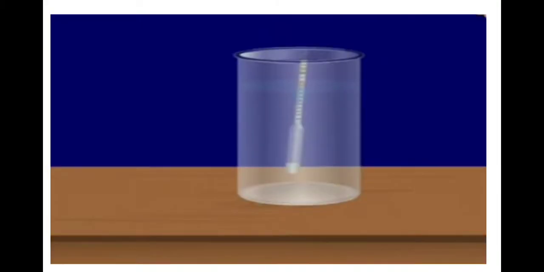The hydrometer is placed in the liquid whose relative density is to be determined. As the denser liquid gives higher upthrust, the hydrometer sinks less. Similarly, the less dense liquid gives low upthrust and the hydrometer sinks more.